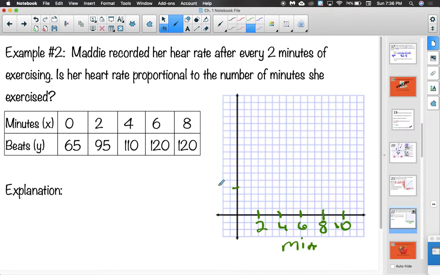I'll do 50 here, 100, 150. Probably could do a lot more of an accurate graph here, but I'm trying to make the video shorter. I know it's getting a little bit long. And those are going to be the heartbeats.